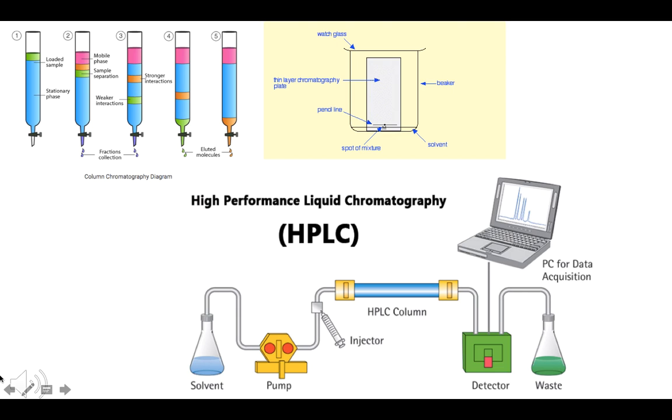So for example, if you spot the TLC plate with 3 different compounds, one compound's all the way on top, one compound's in the middle, one compound's all the way at the beginning. The compound on the top will probably be hexane because it's the least polar. The middle would be something polar but not that polar, like butanone, a ketone. And the most polar would be something like benzoic acid. So the more polar you are, the less you're going to move.